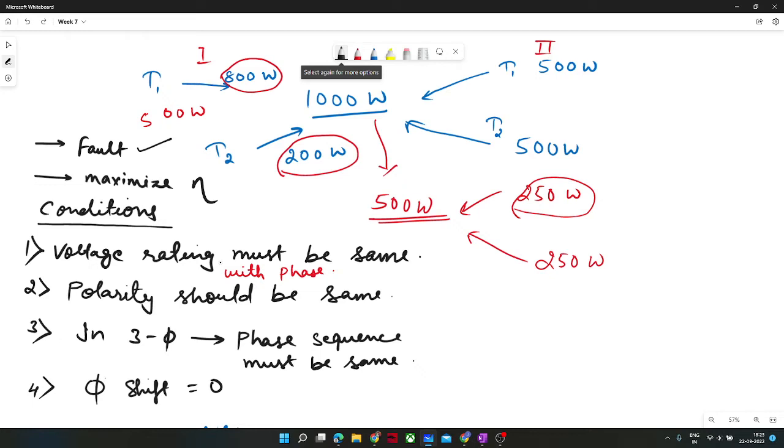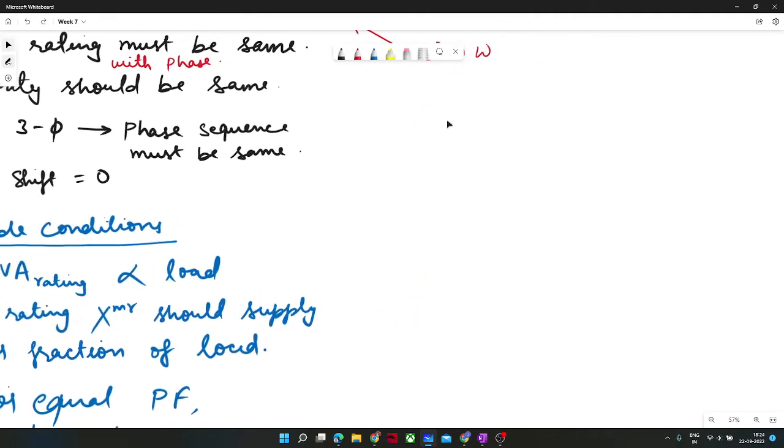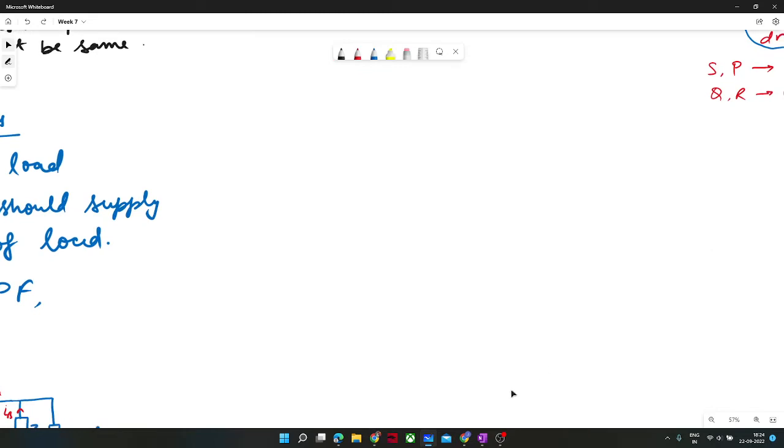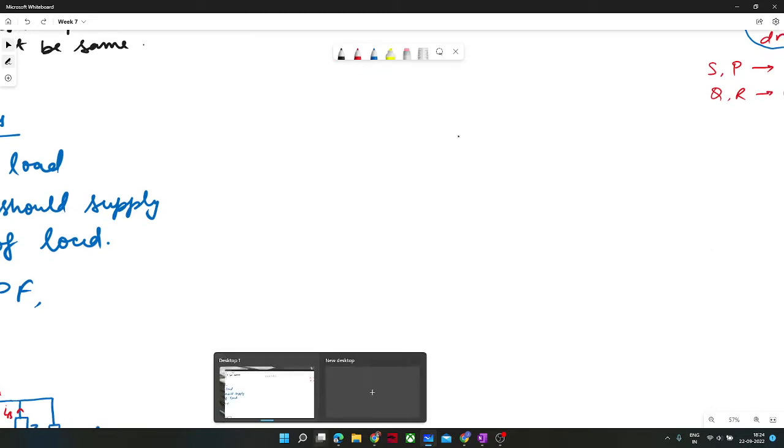I was saying that the voltage rating must be the same, and by voltage rating I mean magnitude as well as phase. Let's say two transformers are connected in parallel.